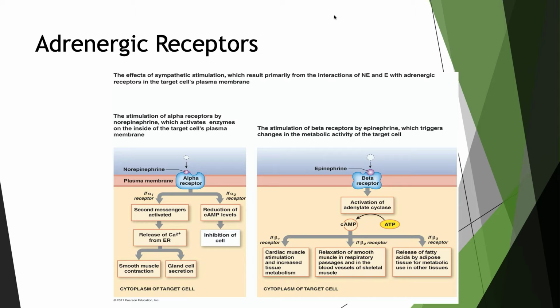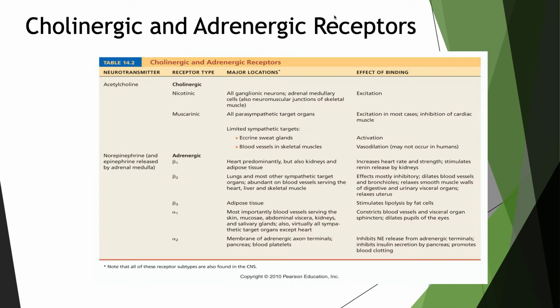So when norepi or epi bind to the alpha adrenergic receptors, it is generally stimulatory, while binding to the beta adrenergic receptor is generally inhibitory. And there are definitely exceptions to the rule. So the beta-1 adrenergic receptors of the heart are usually stimulatory rather than inhibitory, like other classes of beta receptors. And this is just a breakdown here in chart form.